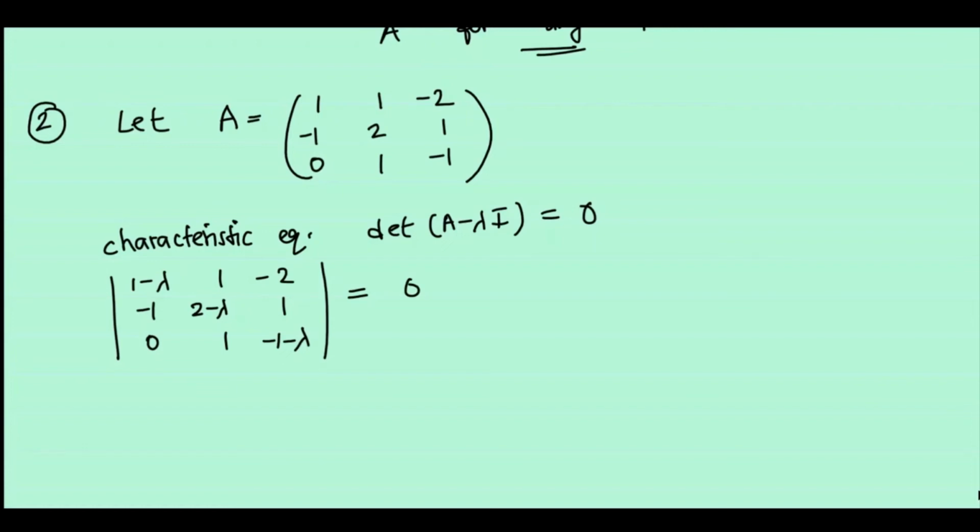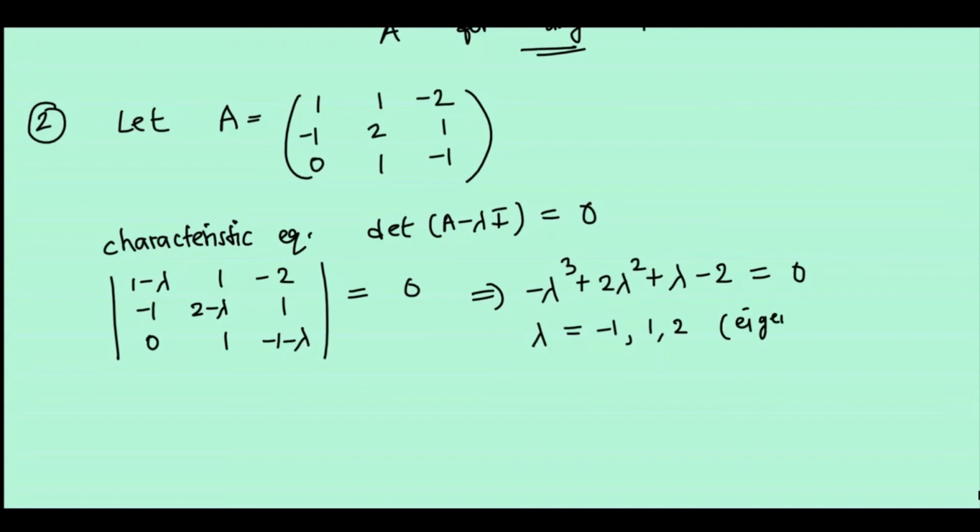Now if you expand this, we will get minus lambda cube plus 2 lambda square plus lambda minus 2 equal to 0. This is the characteristic equation, a cubic equation. If you solve it, we will get the eigenvalues as -1, 1, 2. So they are the eigenvalues.